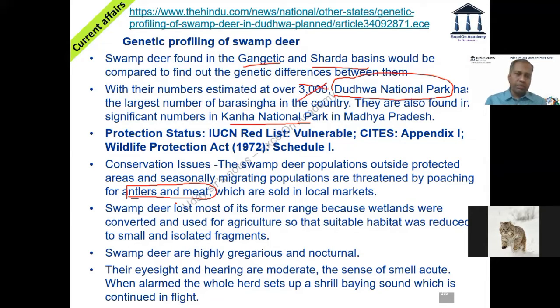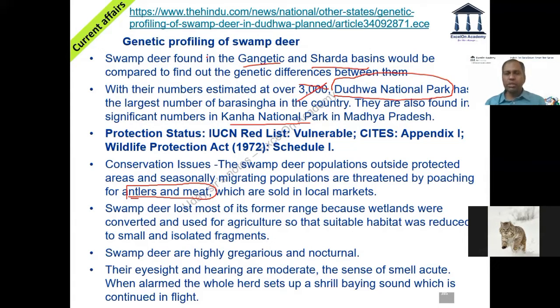Swamp deer are highly gregarious and nocturnal. Nocturnal, any idea what is nocturnal? And what is gregarious? It's not environment, it's more of English. Nocturnal is active at night. Excellent. Gregarious is social. Any other explanation?